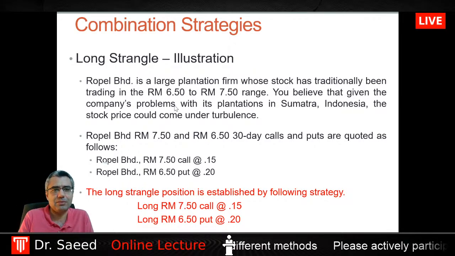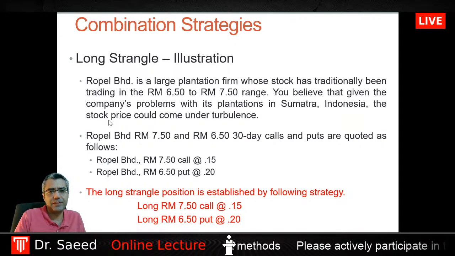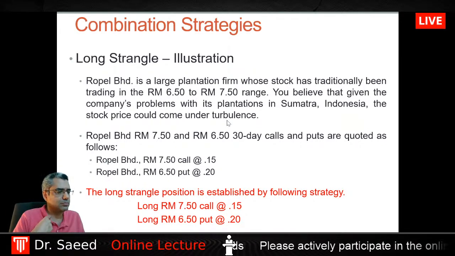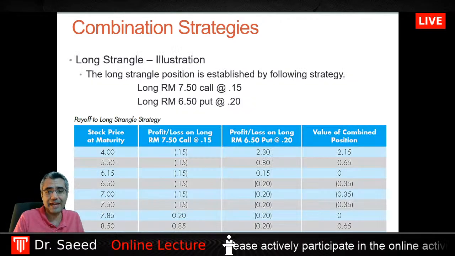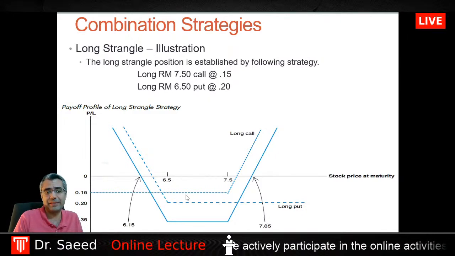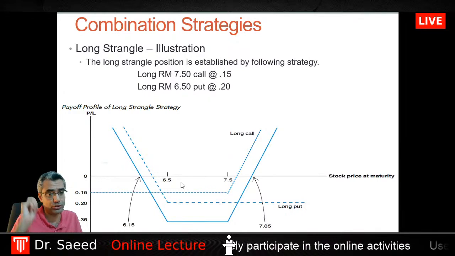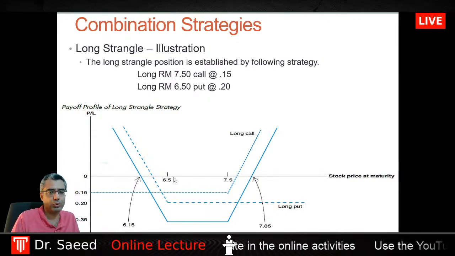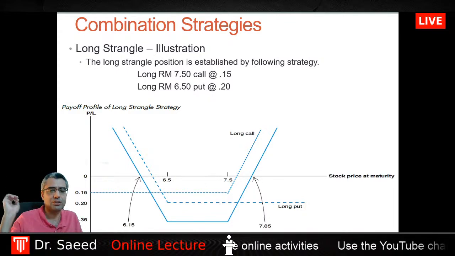Now you believe that because of some problems the company faced recently, the stock price will change. You believe that the price will change and it will be out of the range of historical prices, right? So you believe the price will break out of the range. Over the years it has moved between 6.5 and 7.5, and now you believe because of some issues, the price may go up or down.